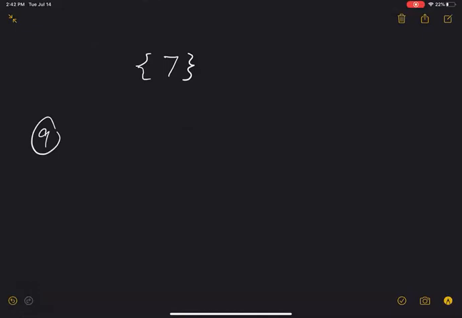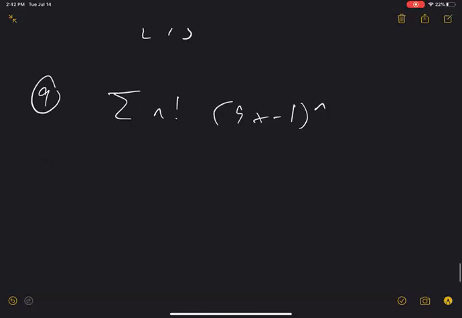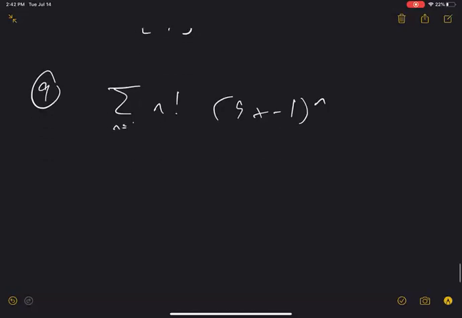Okay, so problem 9 from the homework. We're trying to find the radius of convergence and interval of convergence for this series, n factorial times (9x minus 1)^n. So again, I'm going to go back to using the ratio test.